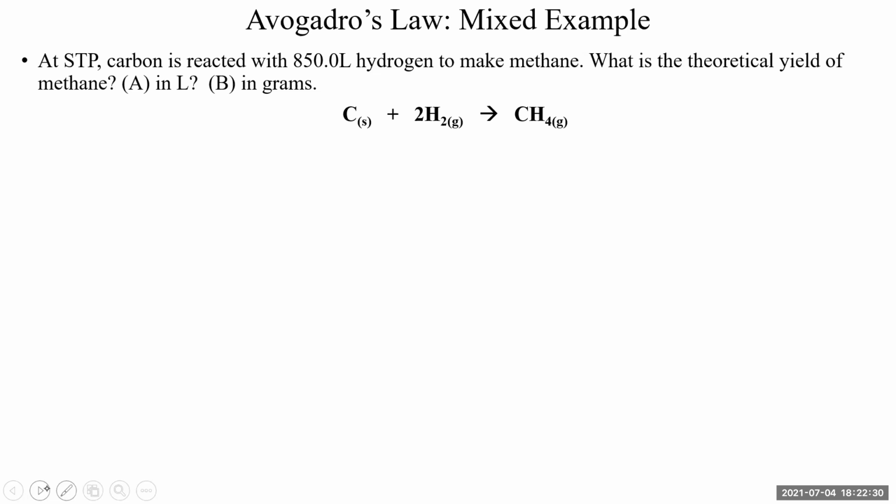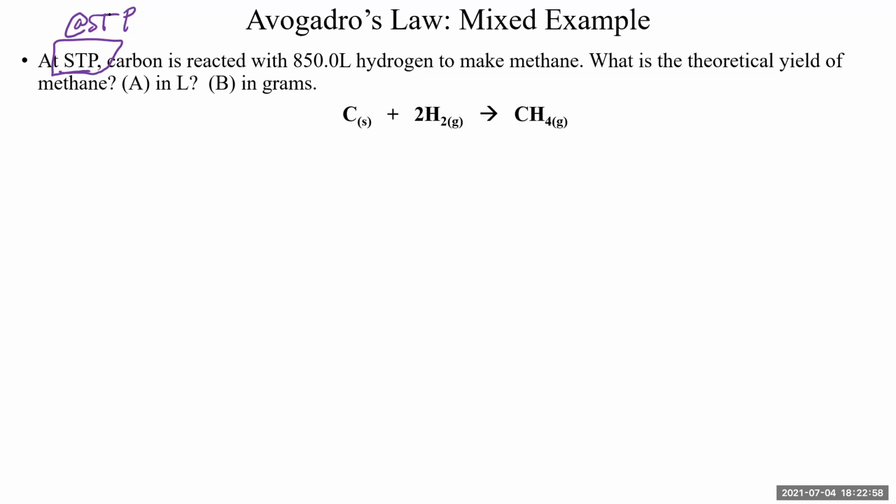Let's do another example of Avogadro's law, but a mixed example, meaning we're going to apply both Avogadro's law and the ideal gas law in this case. Now, this one we really are going to make use of multiple things, and we can solve it, of course. Okay, at STP, remember, that's a simplifying relationship between moles and volume, liters specifically, of a gas.